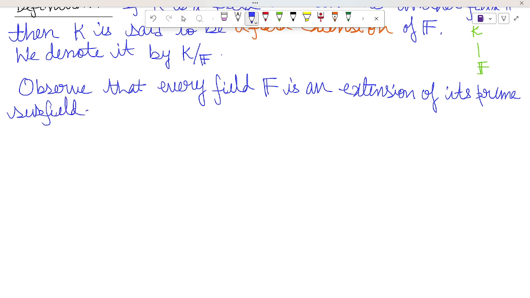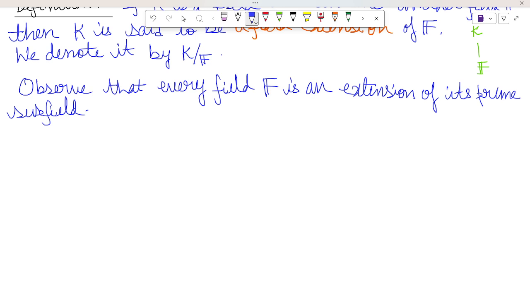Okay. Because it is actually the smallest subfield, as I told you, contained in F. Inside F it is the smallest thing. So every field is an extension of its prime subfield. That is the thing.